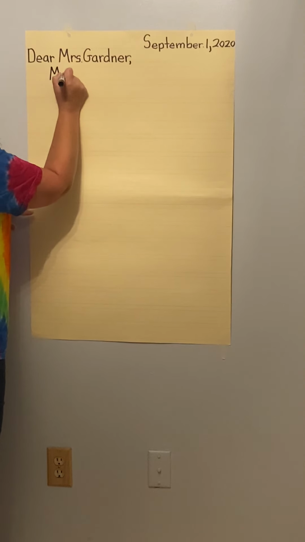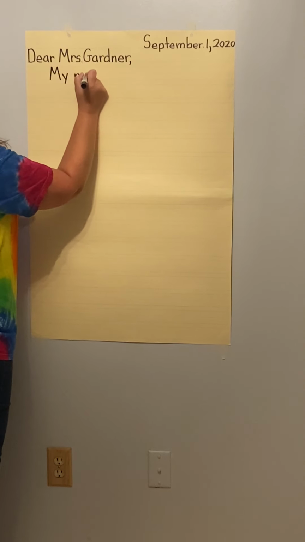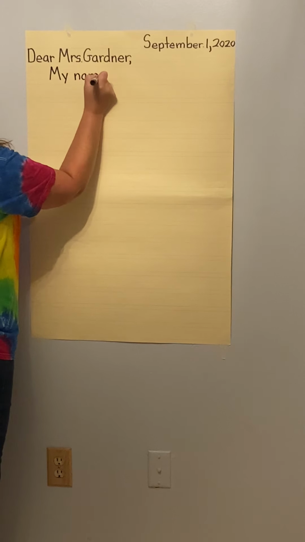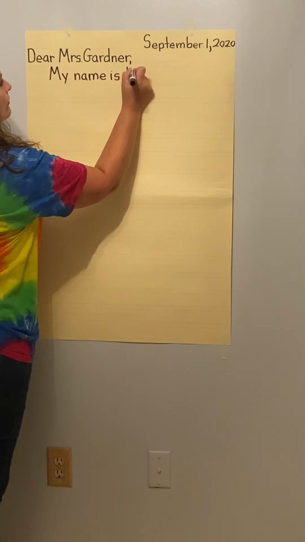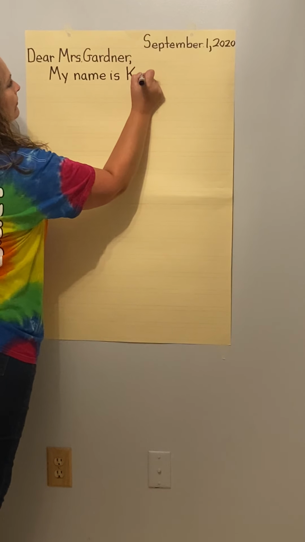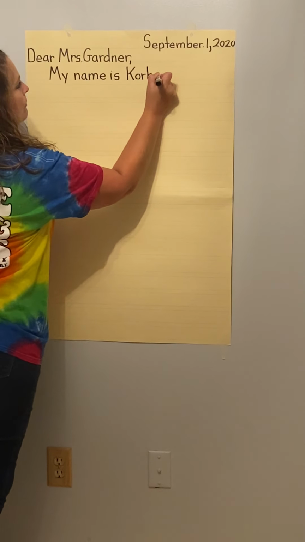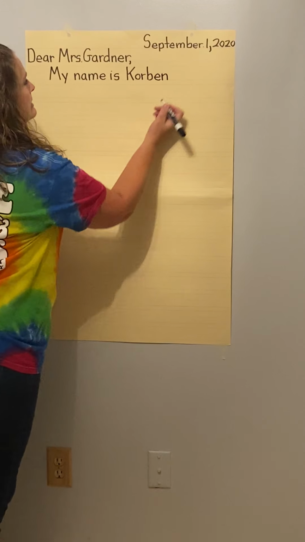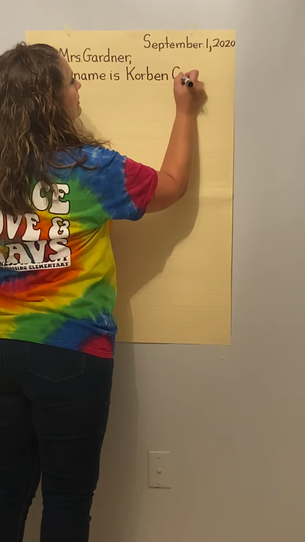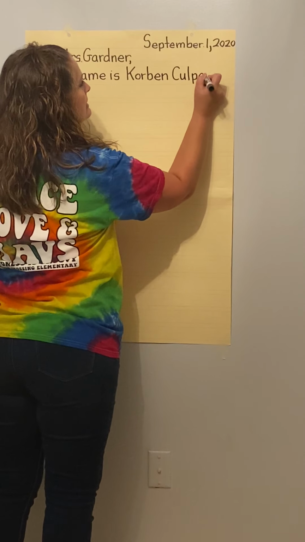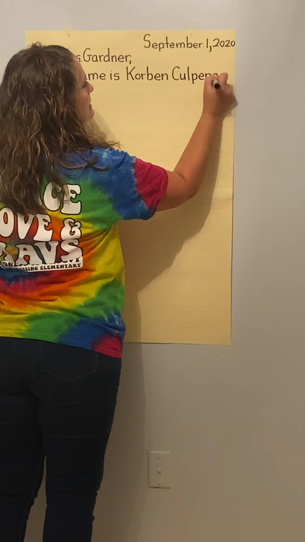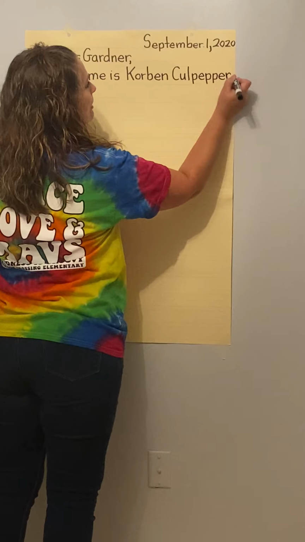And since I'm pretending like this letter is from Corbin, I'm going to put, My name is Corbin Culpepper, and I will be a student in your 5th grade class this year. And since I combined two sentences to make a compound sentence, I need a comma after my first sentence.